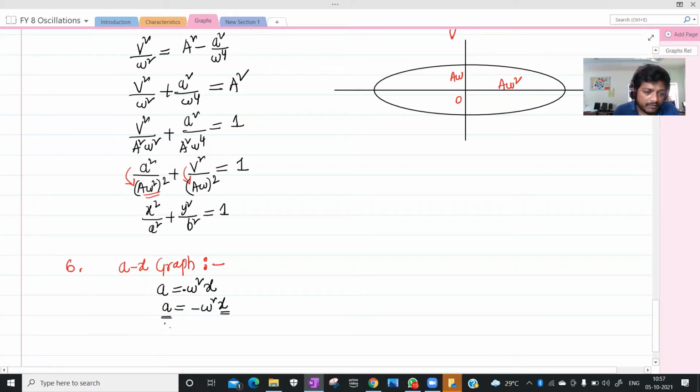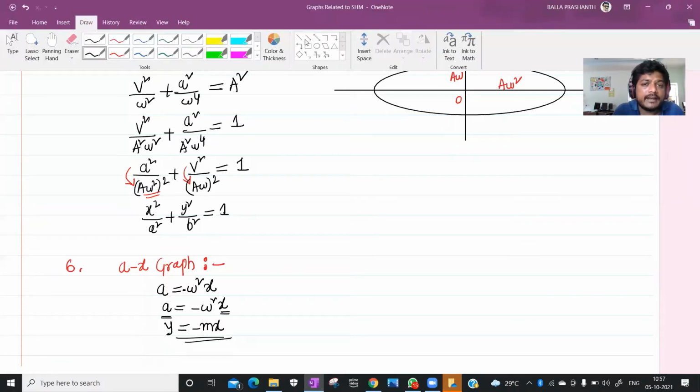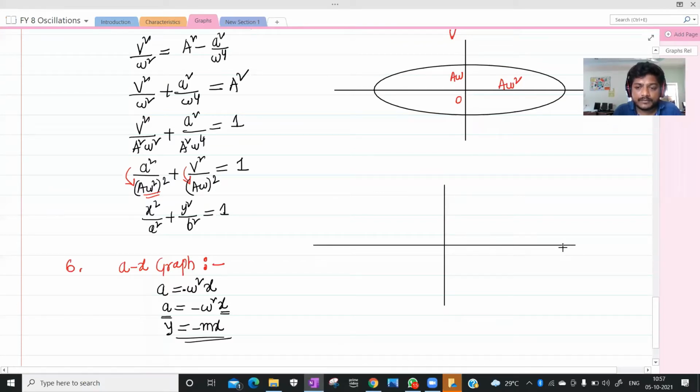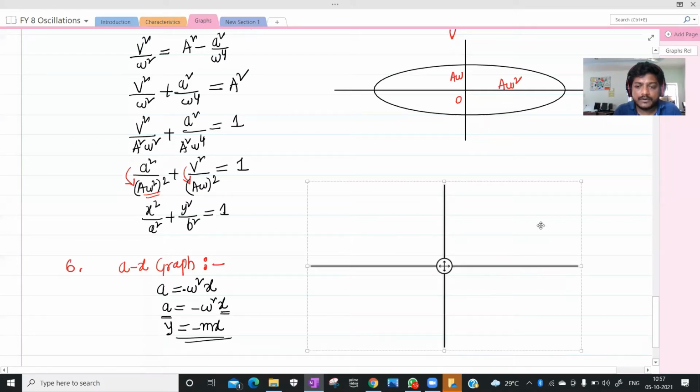So this is of the form y equals minus mx. This is a straight line having negative slope. Here I'm taking acceleration along the y-axis and displacement along the x-axis.